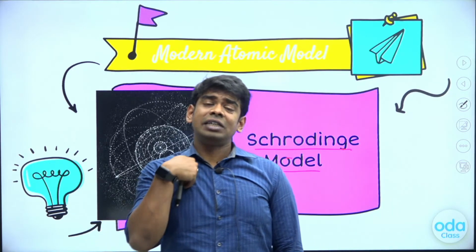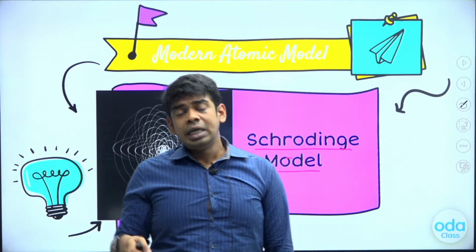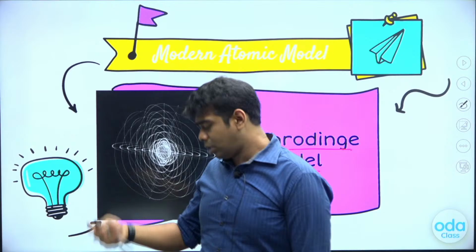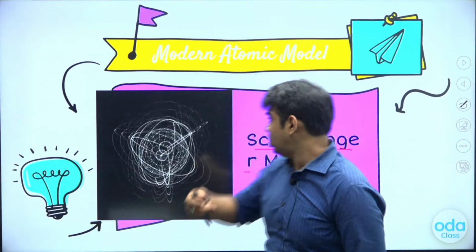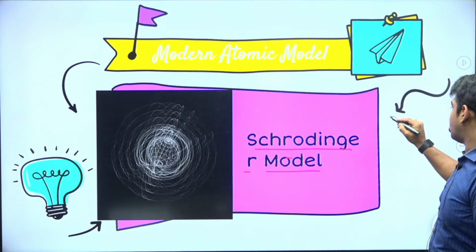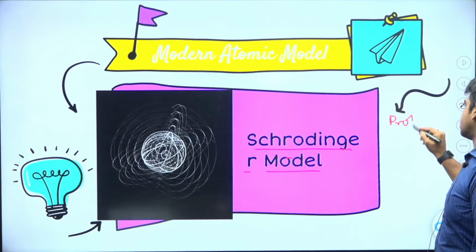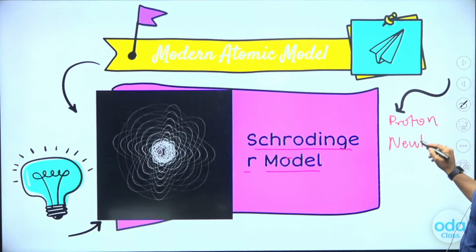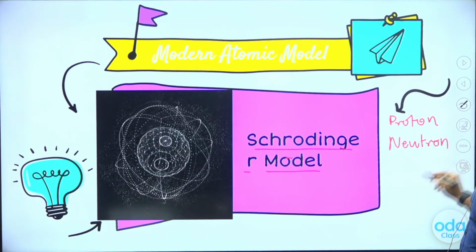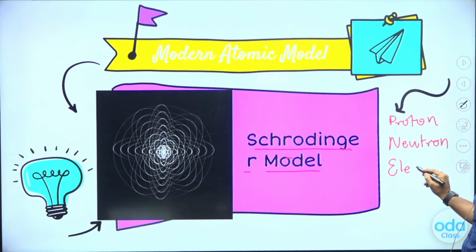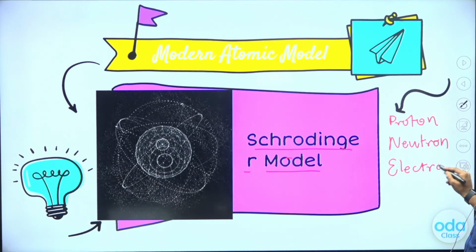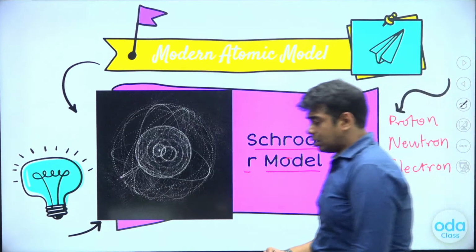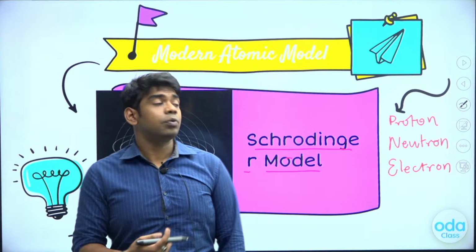And as we progressed, we understood that rather than having just 3 subatomic particles, which we assumed were basically the proton, the neutron, and the electron, it was not the case.